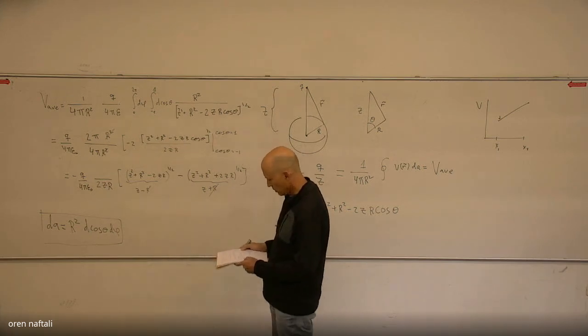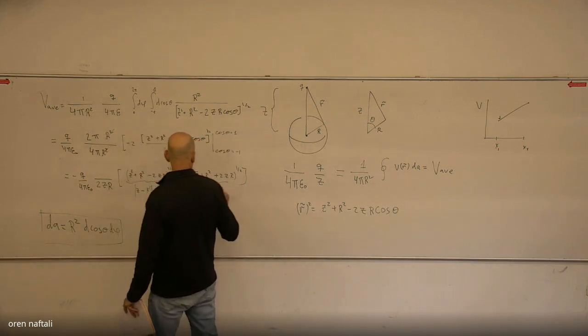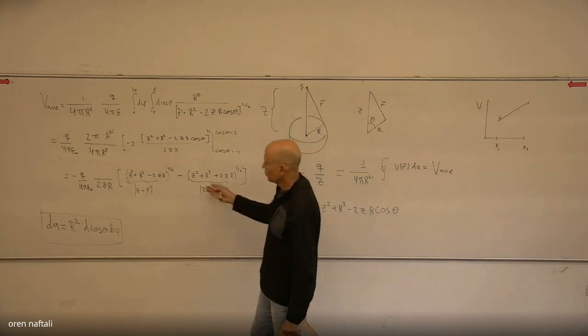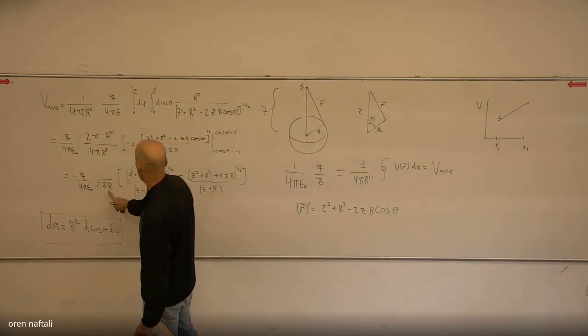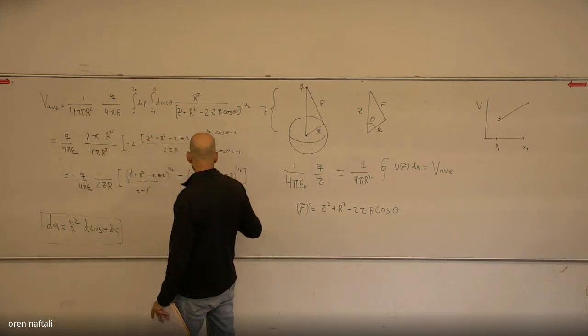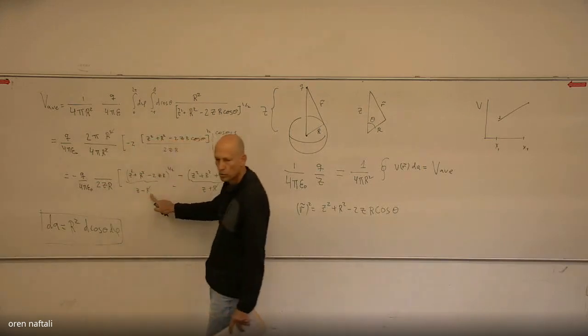It's not always an absolute value. Yes, you mean, okay. It depends if it's inside or outside. But then you can cancel it. Okay, so the z actually cancels here, and this r will cancel with this r.